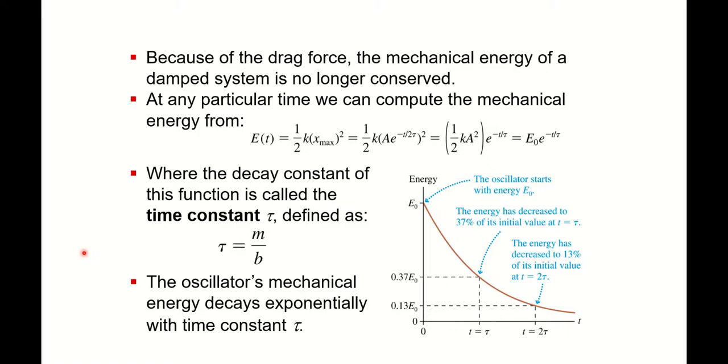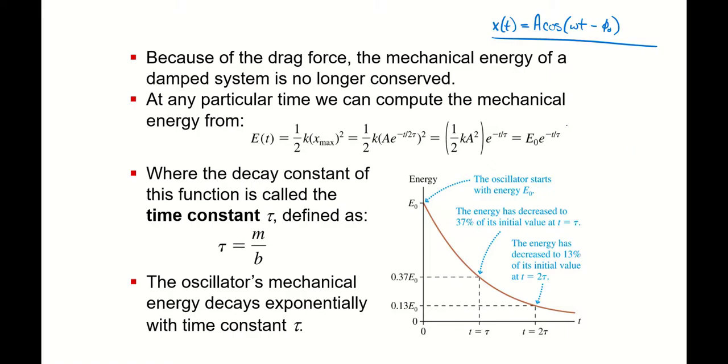But in general, we describe them using that same equation, where our displacement is some amplitude times cosine of omega t minus that phase constant. And that's how we describe simple harmonic motion.